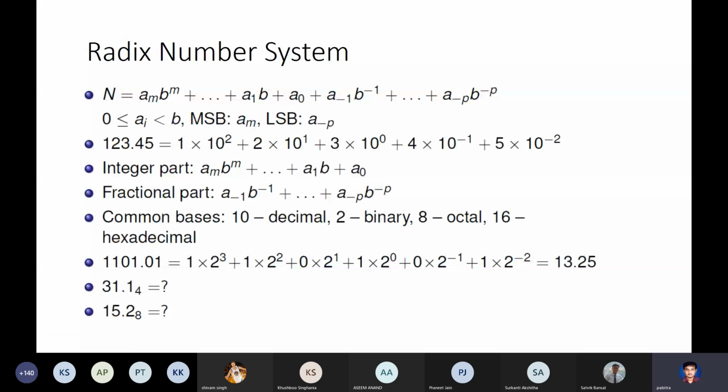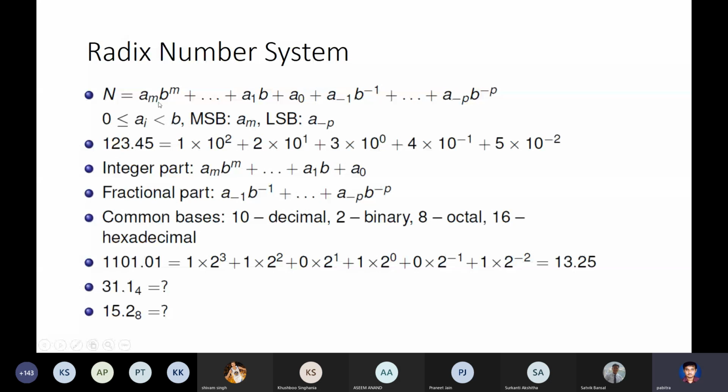And these m to minus p are the powers of the base, which increase as you go towards the most significant bit and decrease as you go towards the least significant bit. And these am, a1 up to a minus p are the digits. The requirement is that the value of these digits has to be from 0 to b minus 1.